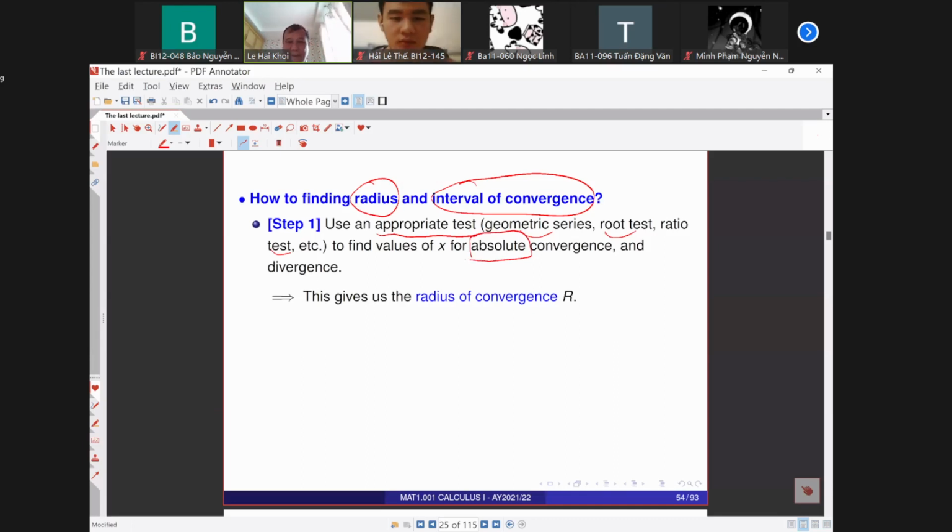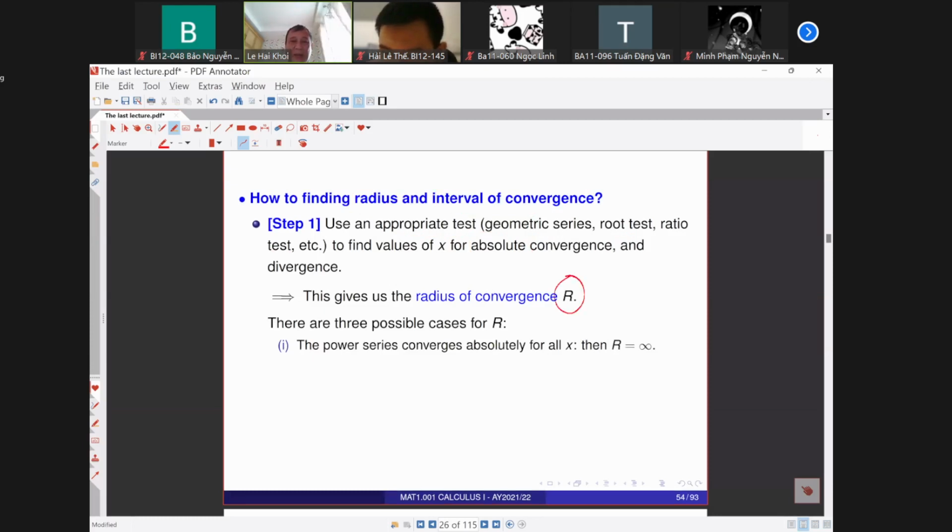When you have R, then inside the interval of convergence you have absolute convergence, and this R is the radius of convergence. And then after having R, you look closer at R and see if it is convergent absolutely for any x. You have this as case 1 we talked about.